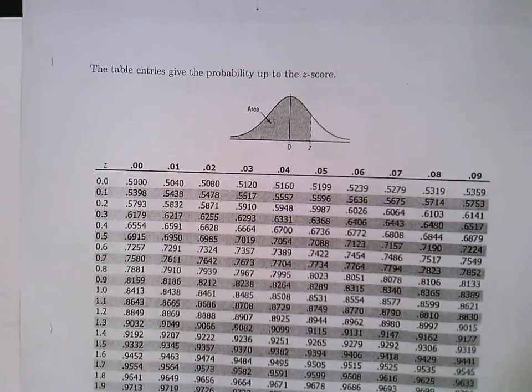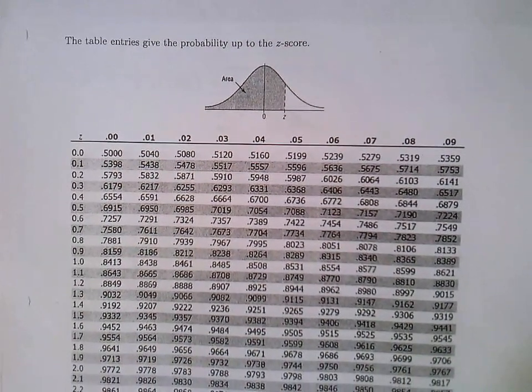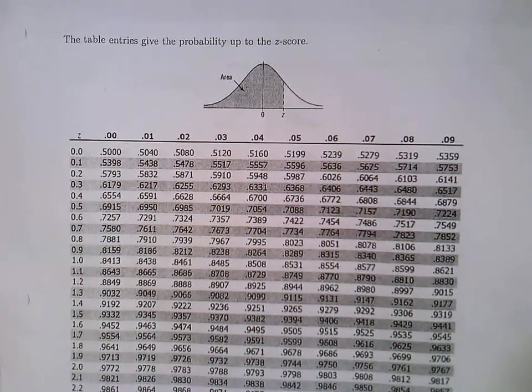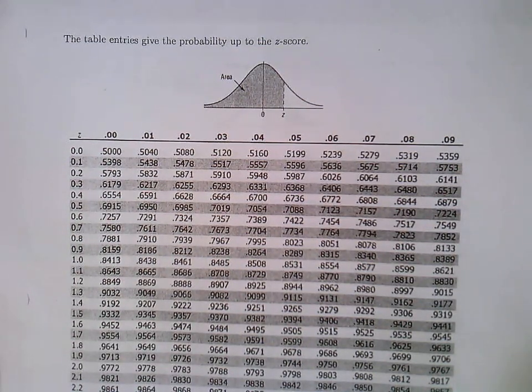The idea here is the formulas for the z-score, for the normal distribution, are not conducive for calculations. They are quite complicated. We're not going to find probabilities with formulas like we did with the uniform distribution, the exponential distribution, and even going back to binomial, Poisson, right?